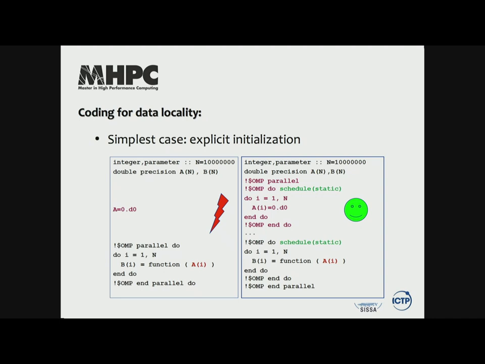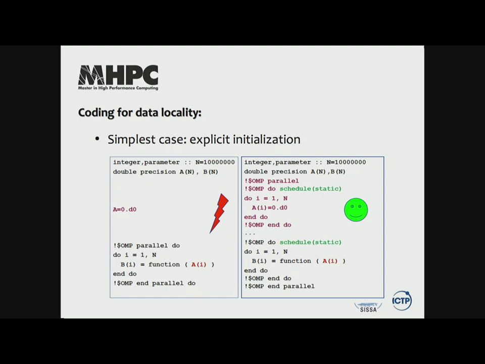If you do this operation, which is the initialization, memory here is touched. This is the Fortran 90 syntax, so this is an array, and if you do this, you initialize the array, so you are touching the memory. And if you initialize the array without any kind of parallelism, because this doesn't have any parallelism inside, it is touched directly on a single processor.